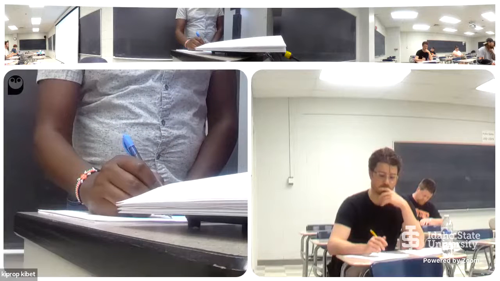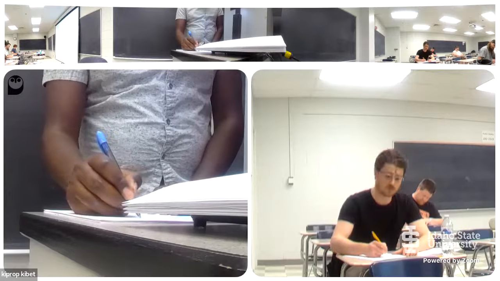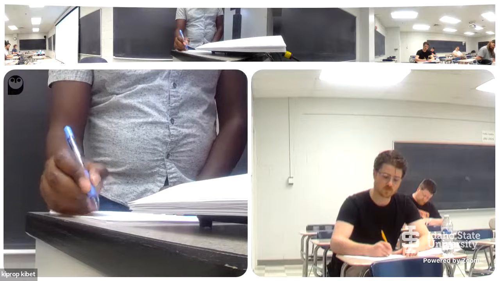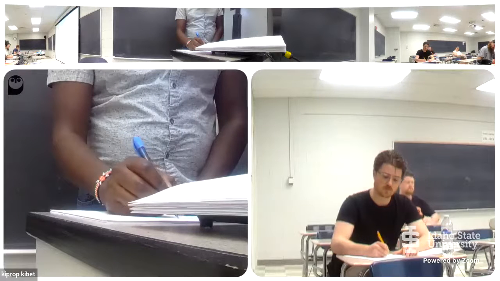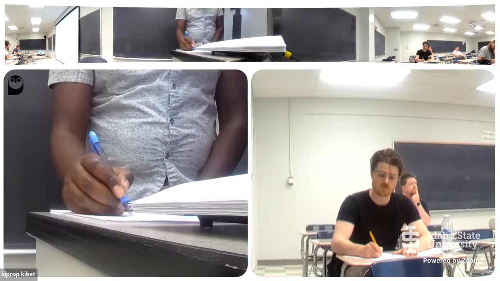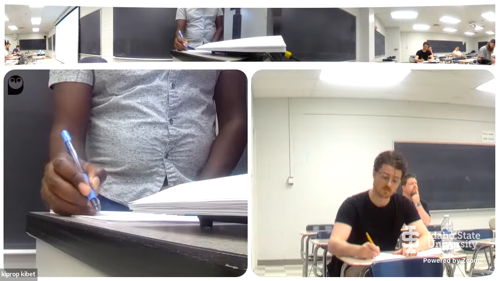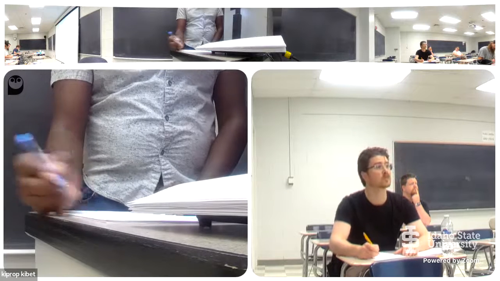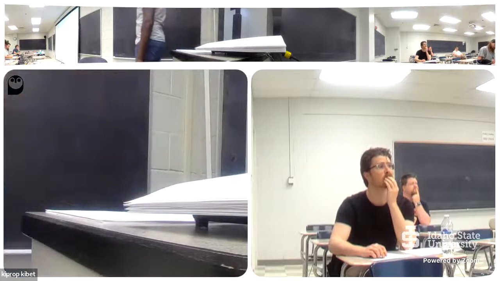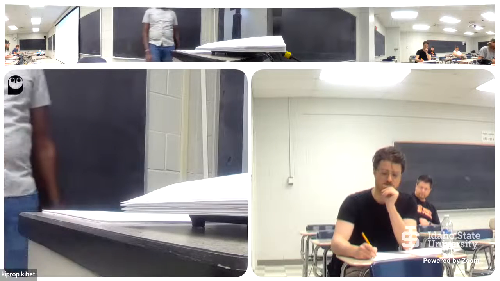So this is replacing the ith row with the sum of itself and C times the jth row, where i is not equal to j. So those are the 3 elementary row operations.